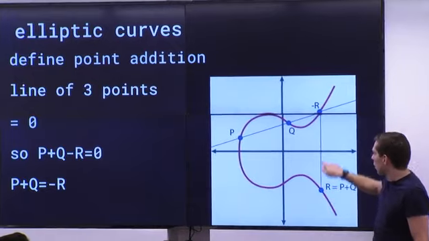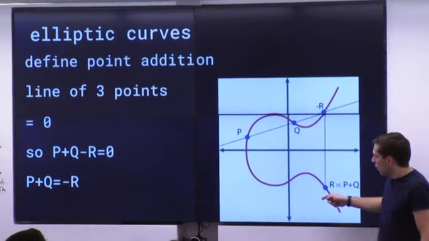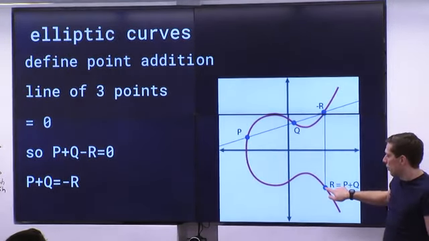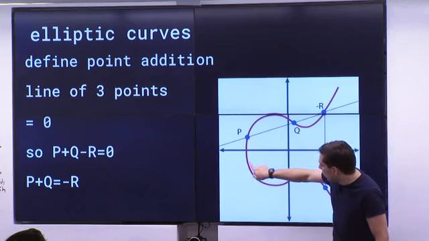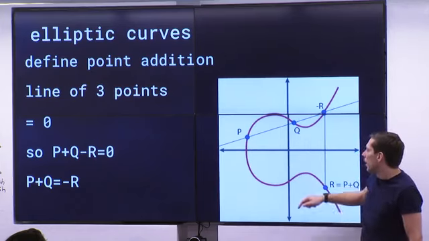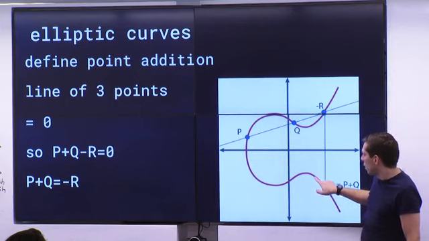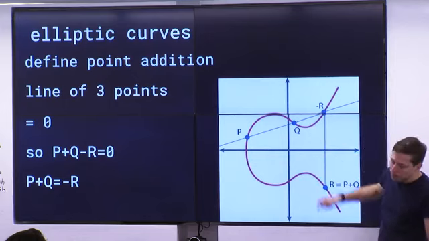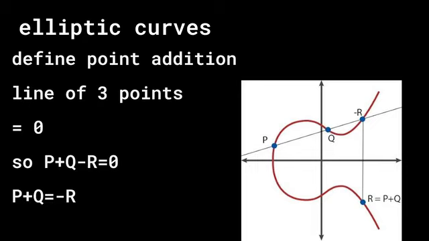So if this is negative R, we go to the bottom side, and this is positive R. Similarly, minus P would be here, minus Q would be here, and if you had a point Z here, negative Z would be up here. This is how it's constructed.